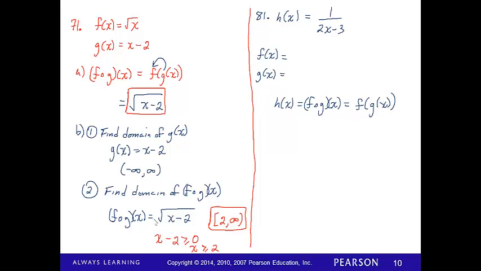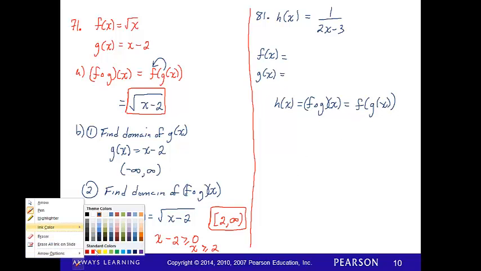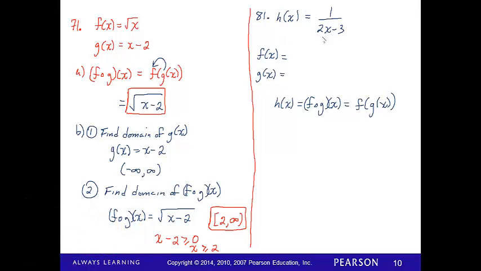So basically now we are working backwards. They have given me my composition function, and I must come up with the two puzzle pieces to make it. And the clue is that it needs to match f∘g. Well, f∘g is saying g into f. And since you are working backwards, you start with finding f. So f has to mirror this function. And this function says 1 over 2x minus 3.